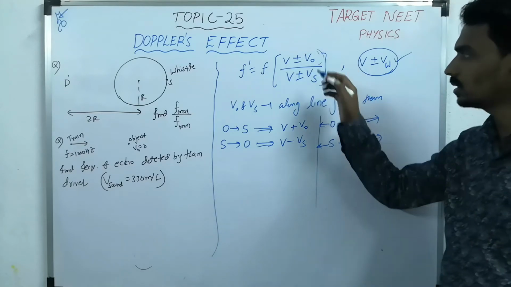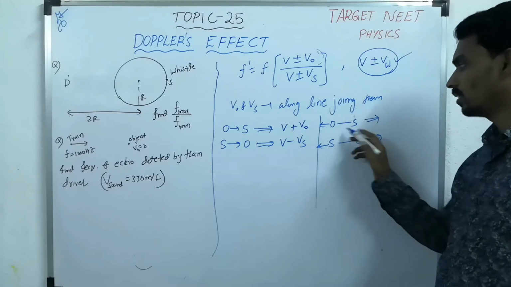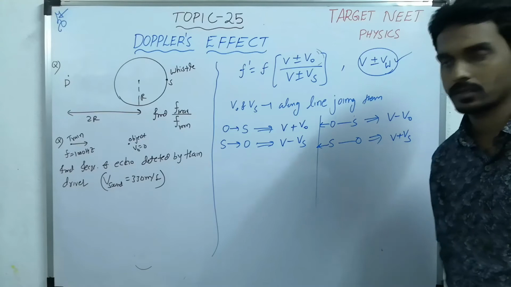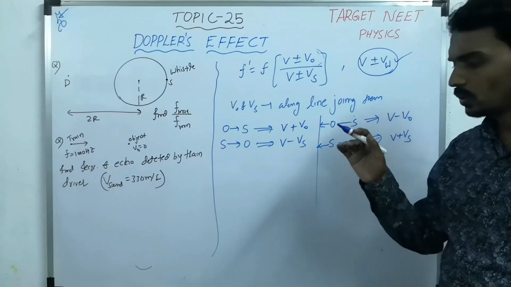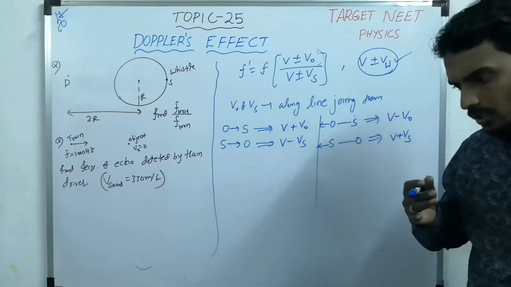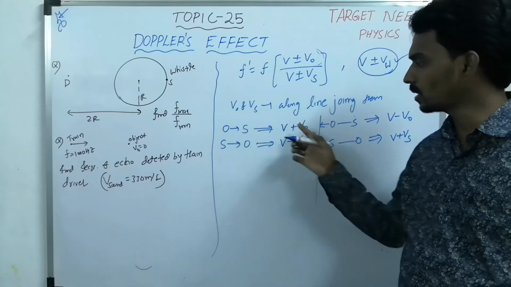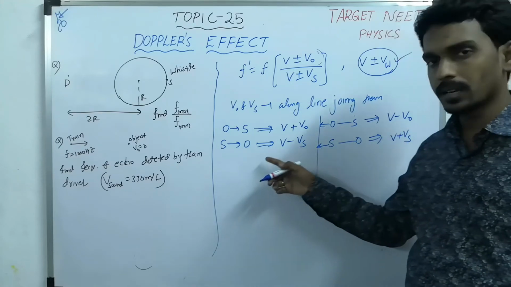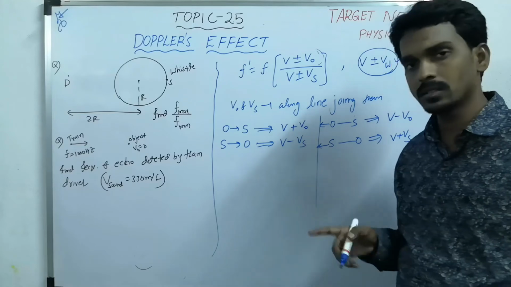So in the numerator it becomes v minus v naught, and in the denominator v plus vs. If you look at the observer only, don't think about the source first: if the observer approaches, irrespective of the source, it is v plus v naught, and otherwise v minus v naught. In the case of the source it is reverse: observer approaches means plus, but source approaches means minus.